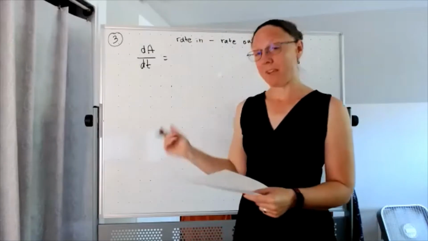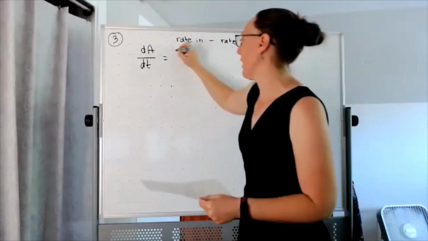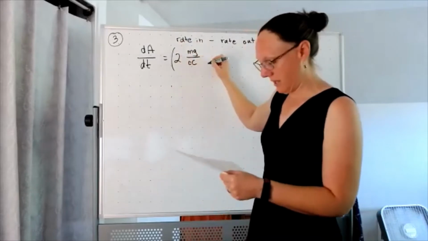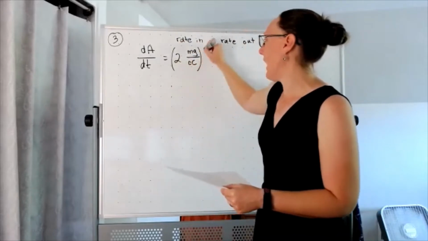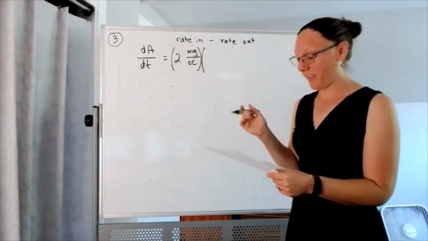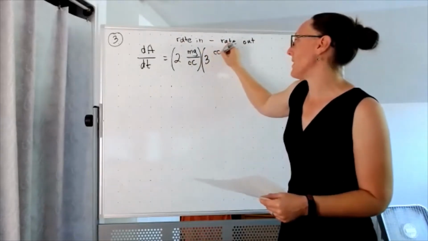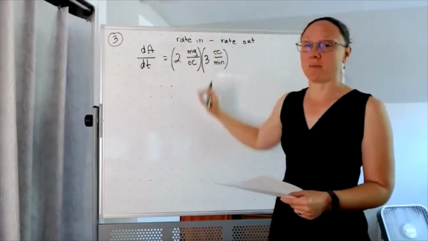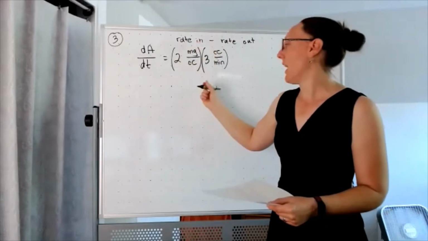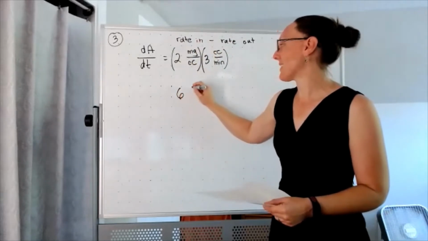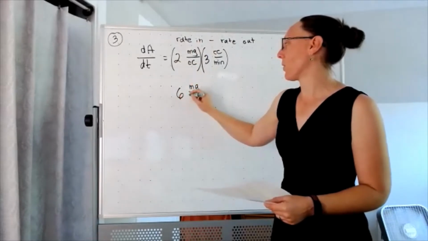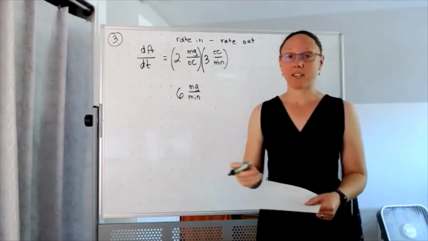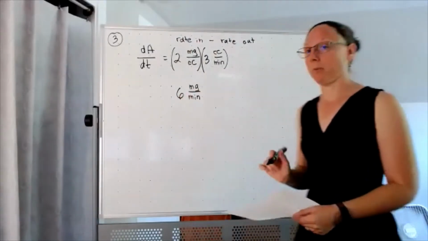So we know that what's coming in is coming in at 2 milligrams per cc. And I know that it's coming in at a rate of 3 cc's per minute. So now overall, in terms of my units for this piece, I'm looking at 6 milligrams per minute. And that's not changing. That's a constant given in the problem.